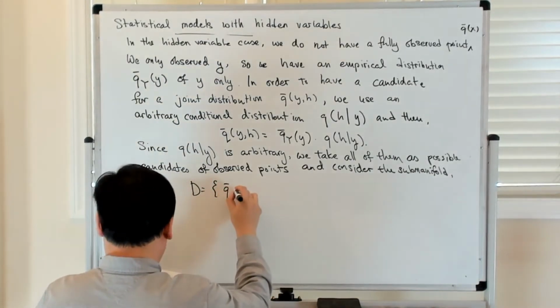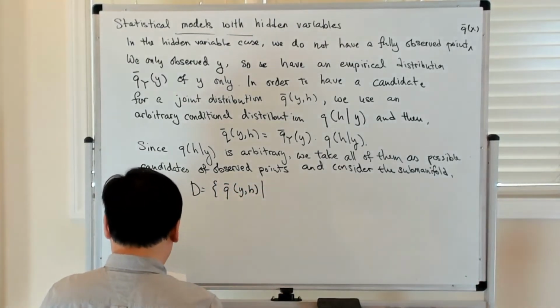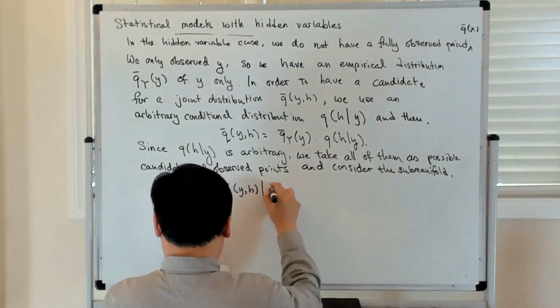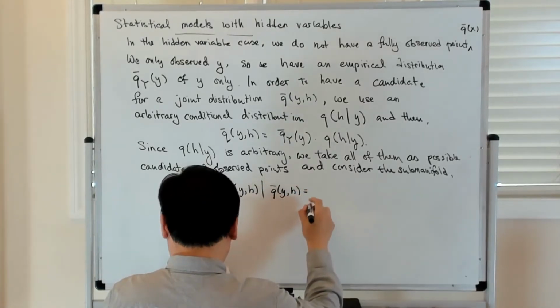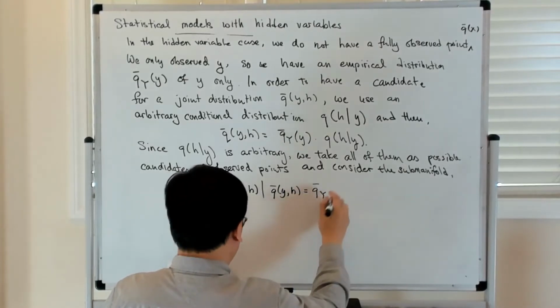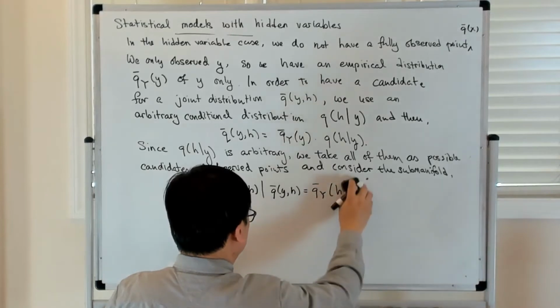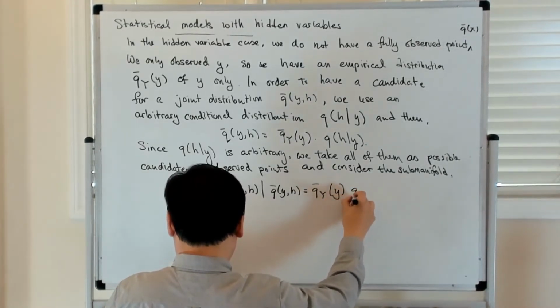So it's the set of joint probability distributions where this joint probability distribution has the form of this empirical marginal distribution times an arbitrary conditional probability.